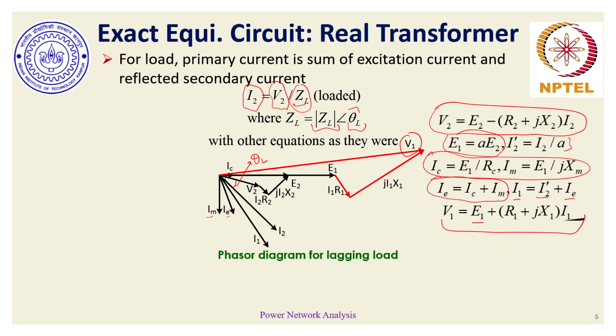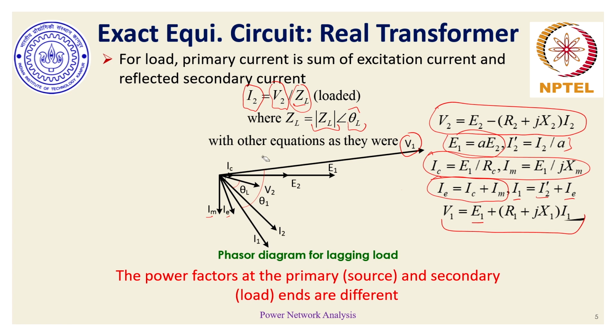Now there is a unique distinction that comes in: the load applied on the secondary had a phase angle of theta L between the output voltage and the current, whereas the same load, when reflected on the primary, appears as a phase angle of theta 1.